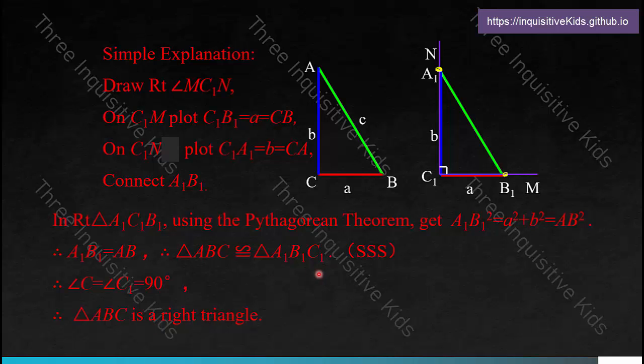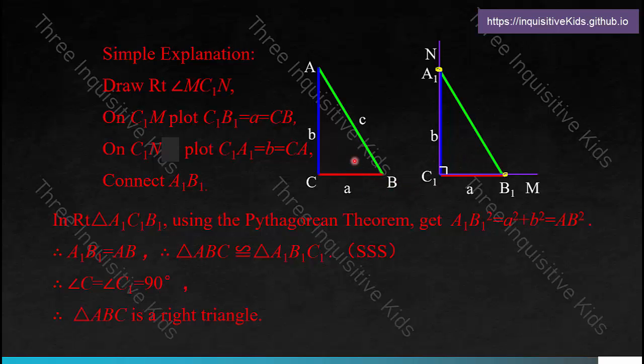Now let's quickly review what we have gotten over here. First, we drew two lines that were perpendicular to each other, and we just declared that it was a right angle where they met. Then we copied down the lengths of b and a, we put them over here, and we declared that this was a right angle. Now we have to prove that this is a right triangle.